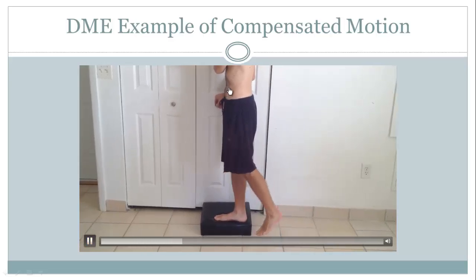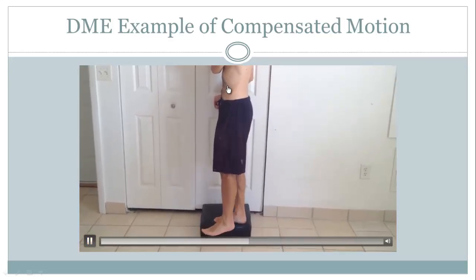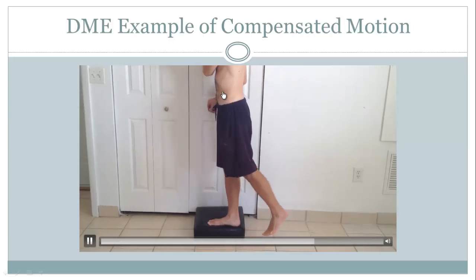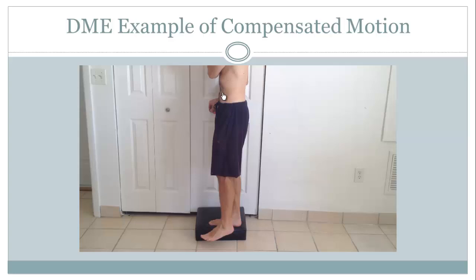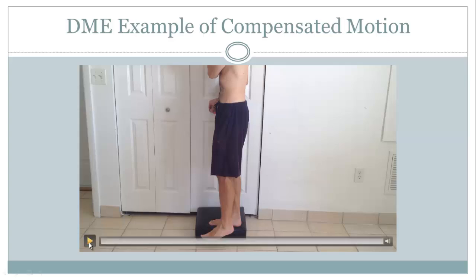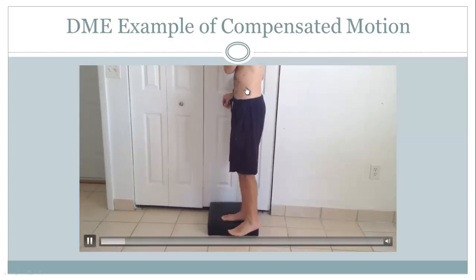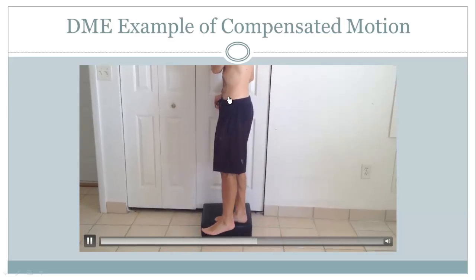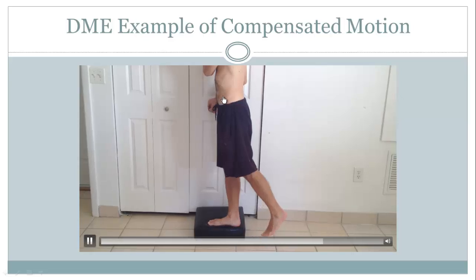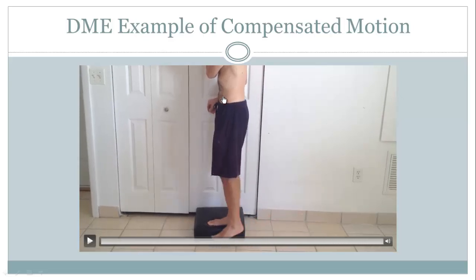Notice he initiates and brings his rib cage forward, pretty much right at about L2. Now we need to note at what point does that occur in the range, and I would say right about there. So fairly early in the range of motion does he start to compensate with trunk movement.